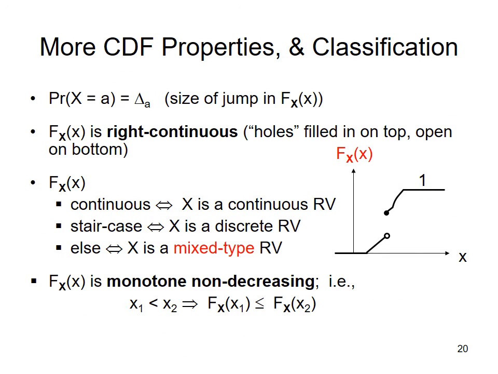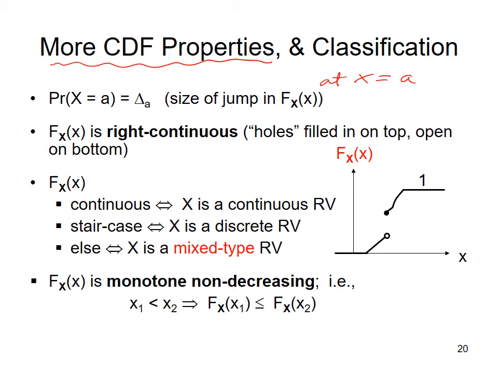Okay, so again, continuing on a little bit with CDF properties and classification, we've already said that the probability X takes any particular value is the size of the jump in F_X of x at x equals a, the point of interest. And sometimes that might be 0, particularly if it's a continuous random variable.